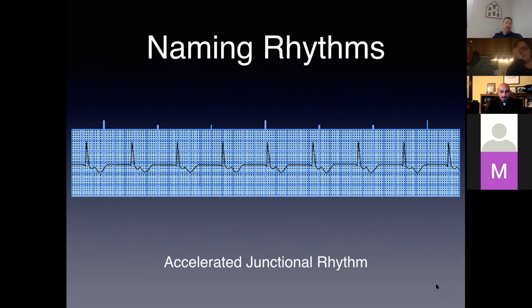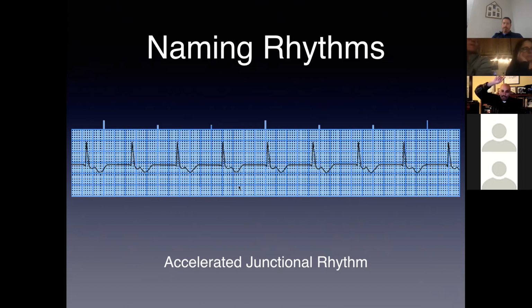Chair, can I ask you a question? Yeah. So you're saying it has retrograde P waves, but doesn't that take away from the definition of it being junctional? It doesn't. It's just something that happens because the P wave is not before the QRS. This is not a P wave that is being conducted and causing the QRS. I don't know if you guys have me on camera, but you have the AV node and the impulse at the same time is going up and down from the AV node.